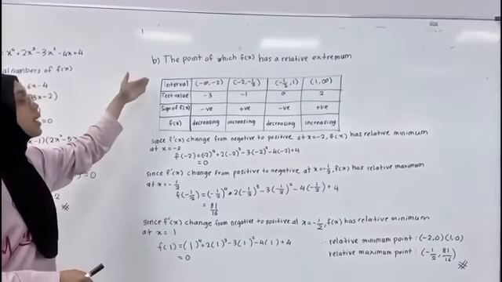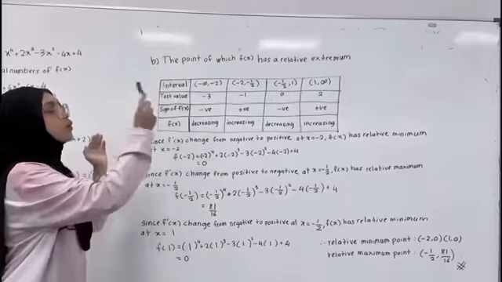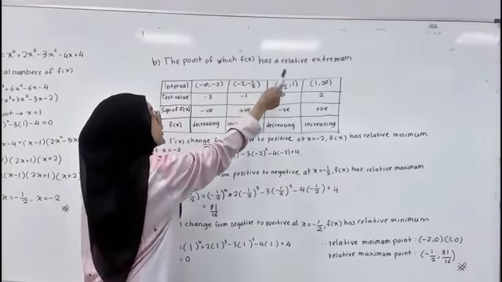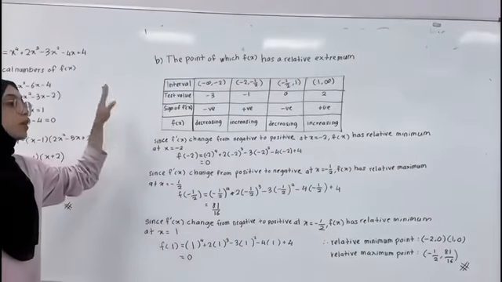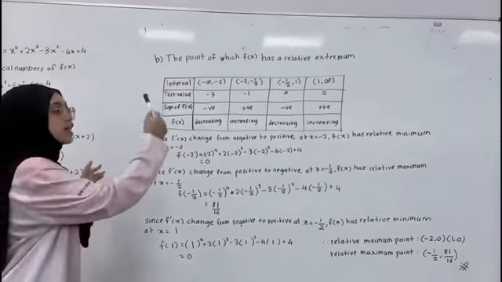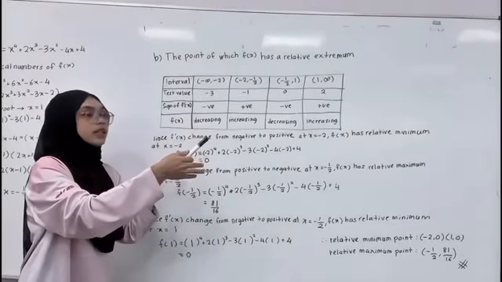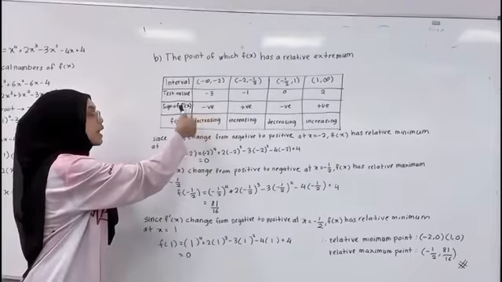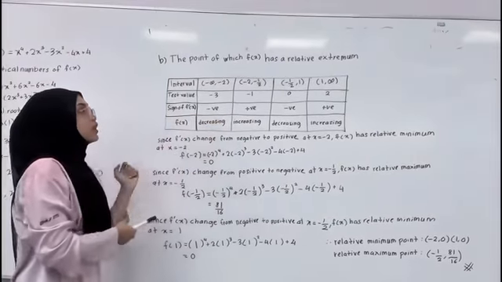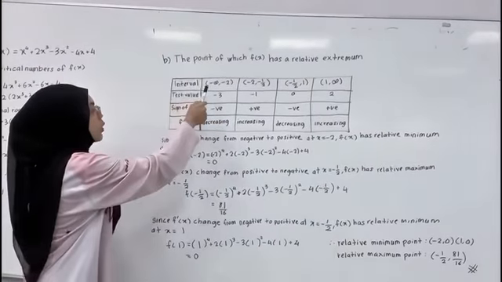For question B, we need to find the points at which f(x) has a relative extremum. So for this, we need to make a sign chart to analyze the changes of sign of f'(x).